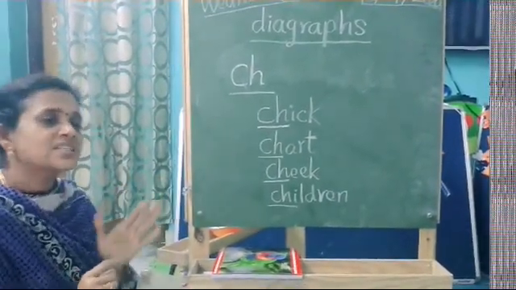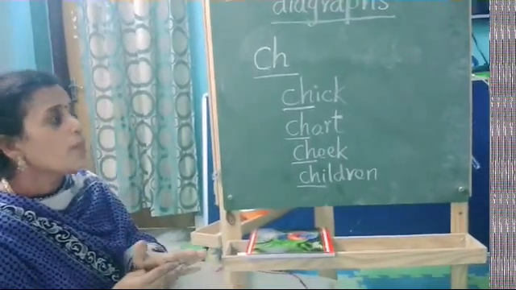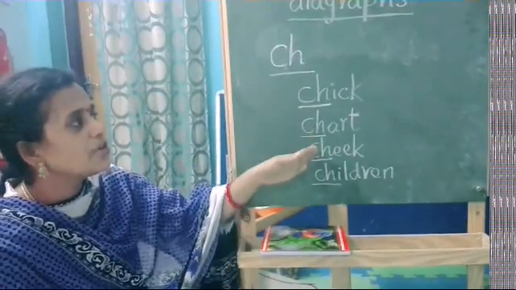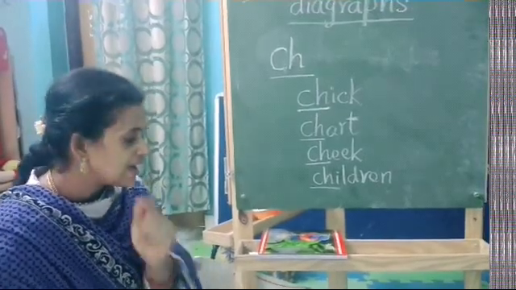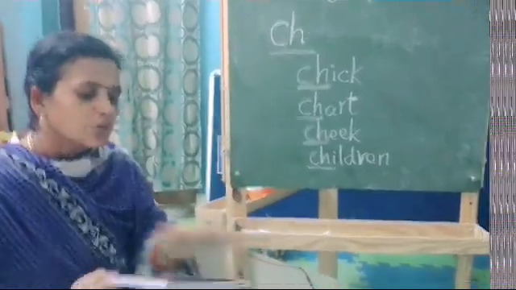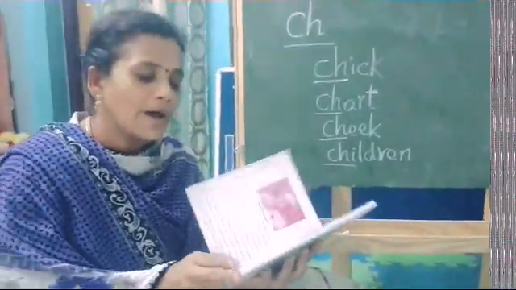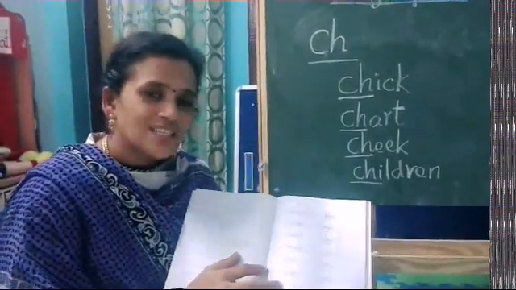In the last class itself, we have given one video also. Ma'am read out this chart also. Now I have written some words on this board also. So, how you write the digraphs in your note: you use your concept note. Ma'am told you to write in the concept note, concept side words.